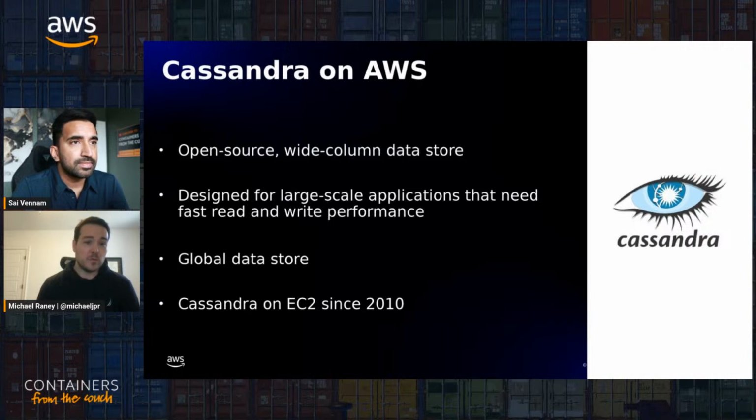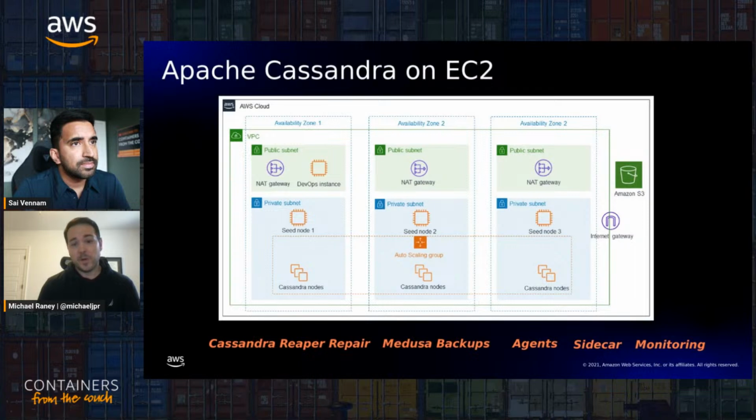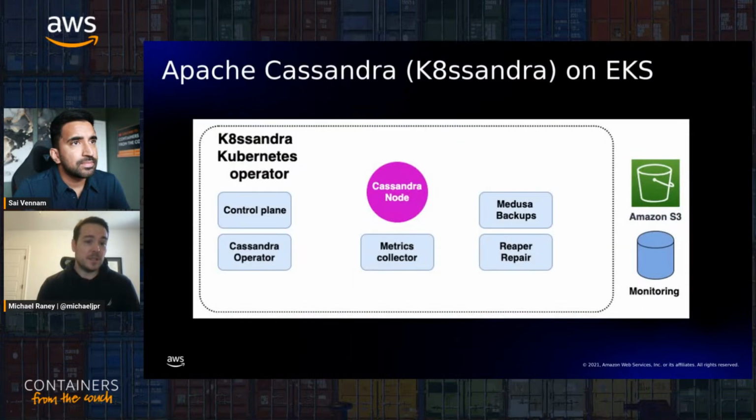So as we moved from self-managed databases and applications on EC2 and into a containerized world and Kubernetes orchestrated, ideally people wanted to start managing their Cassandra cluster in the same way that they manage their application.